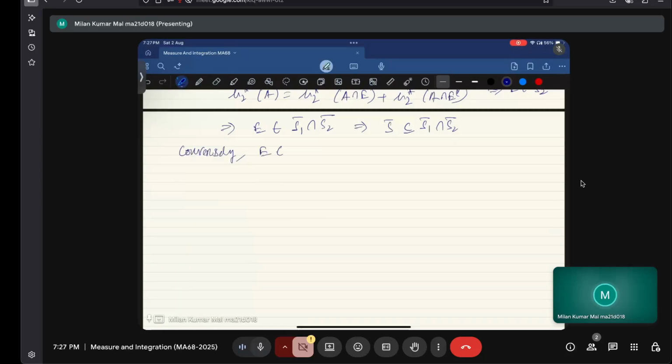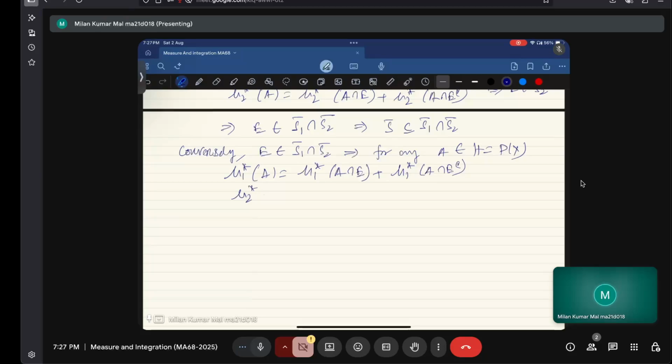if I take E belongs to S1 bar intersection S2 bar, that implies for any A belonging to the power set, we can write mu1 star A is equal to mu1 star A intersection E plus mu1 star A intersection E complementary.